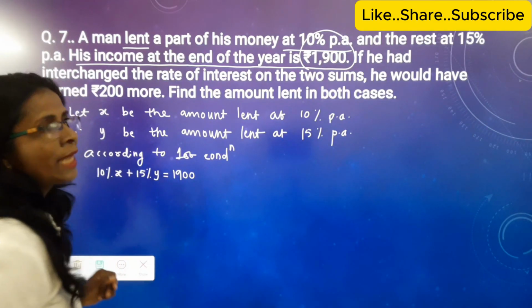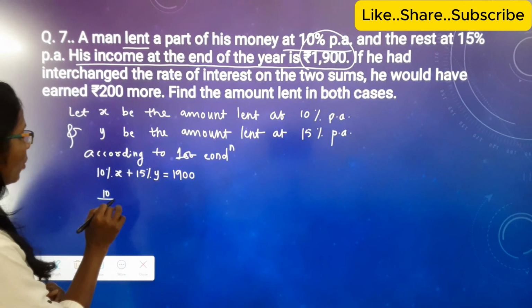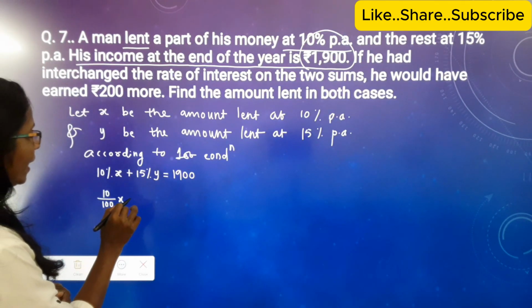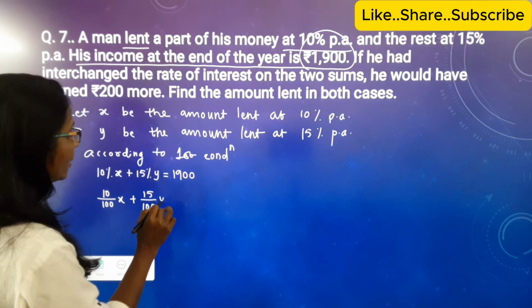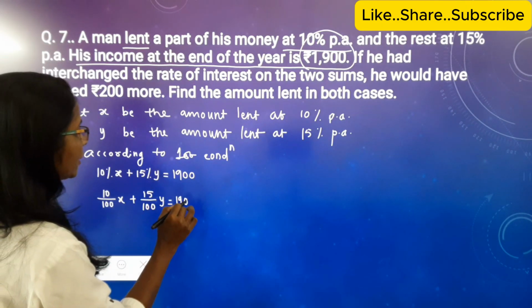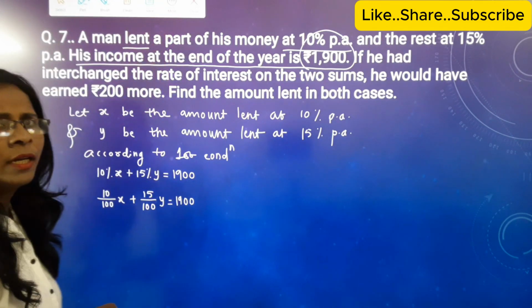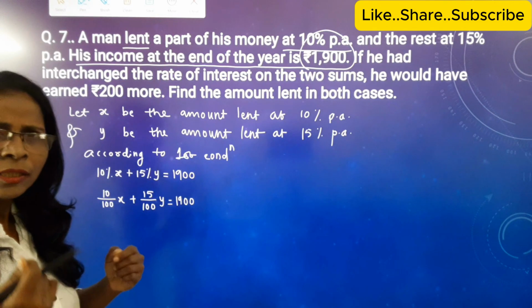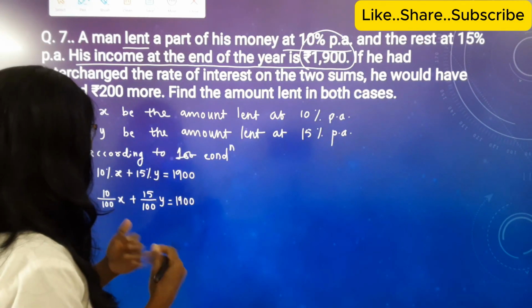Okay, so that means we simplify it: 10% means 10 upon 100 x, 15% means 15 upon 100 y is equal to 1900. Then here we will ignore the denominator, that is 100.